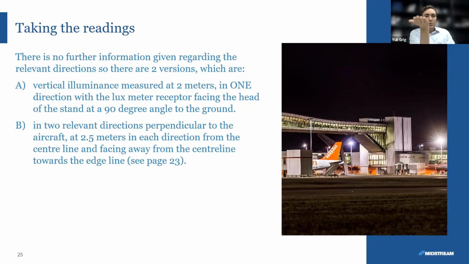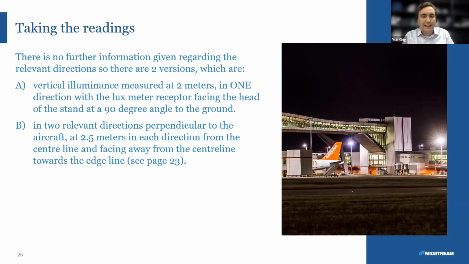So option 1 is horizontal and vertical, and option 2 is horizontal and 2 verticals, perpendicular, like this, to the fuselage of the aircraft in 2 directions. And we talk a little bit about this in the next couple of slides.